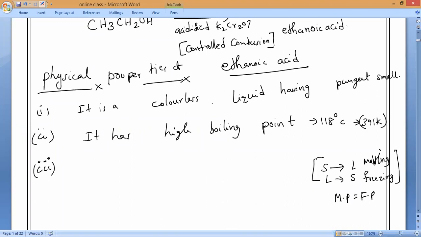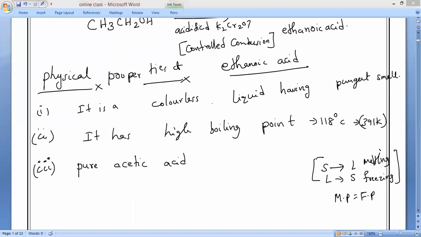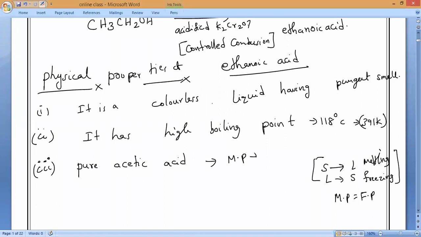If we take pure acetic acid or ethanoic acid, the melting point of pure acetic acid is 290 Kelvin, approximately 16 degrees Celsius.